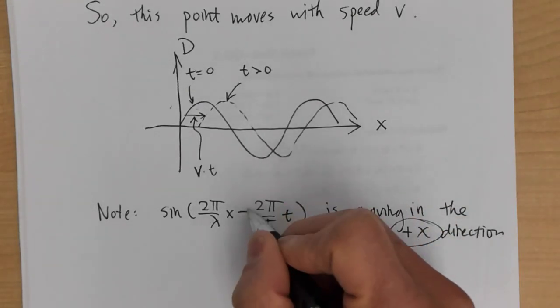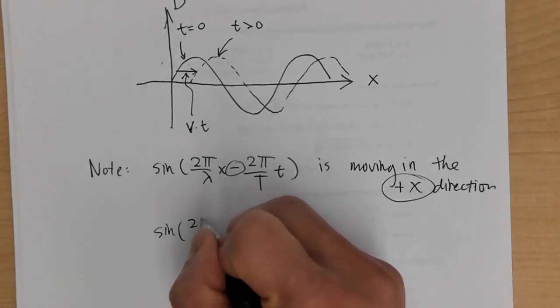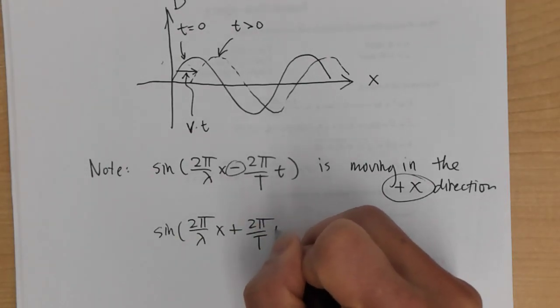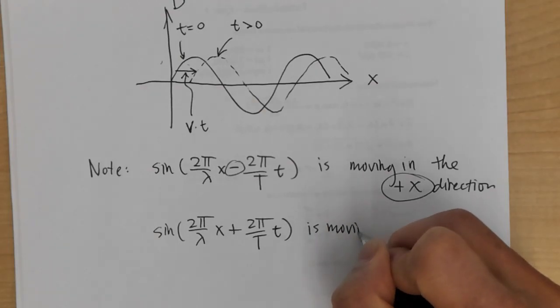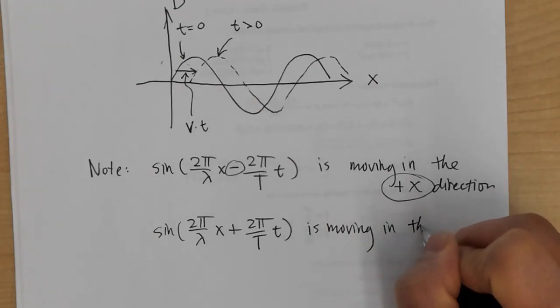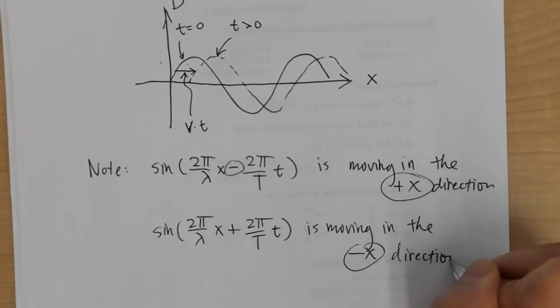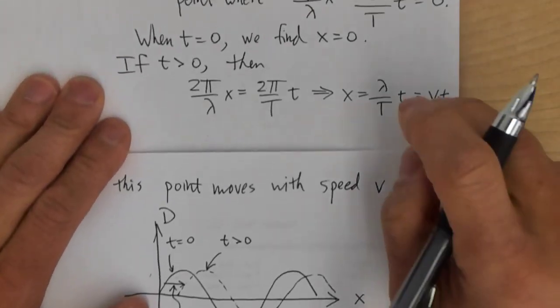So the plus x goes with the minus sign. Whereas if I have sine of 2 pi over lambda x plus 2 pi over capital T times t, this is moving in the minus x direction.